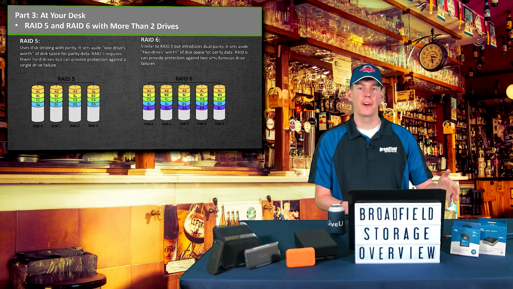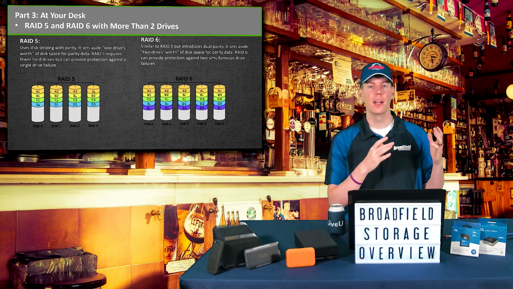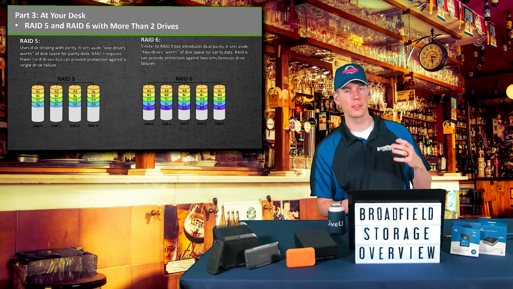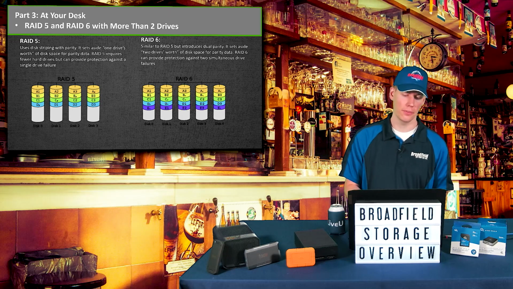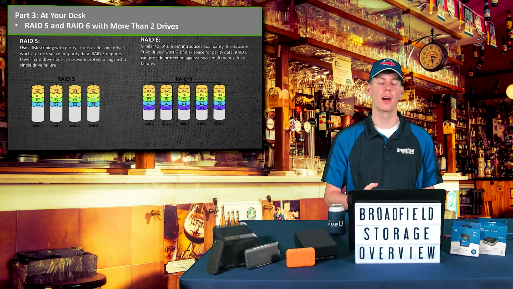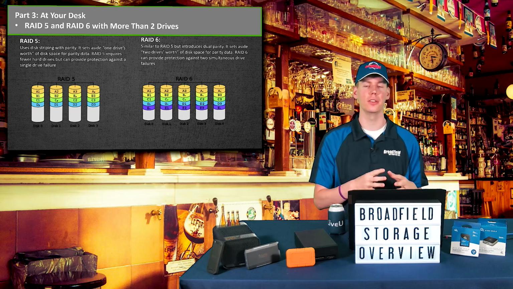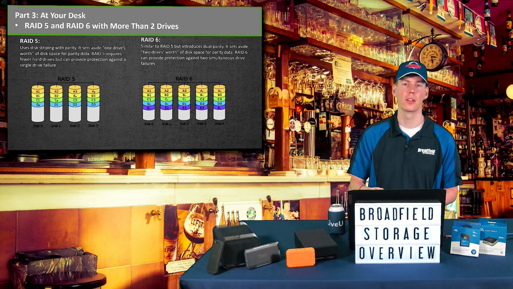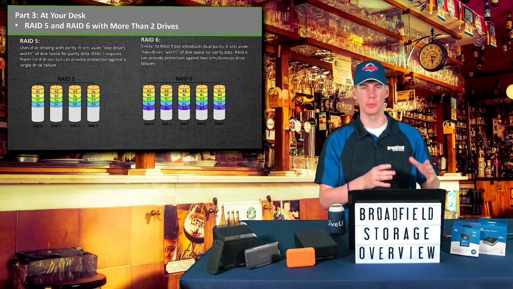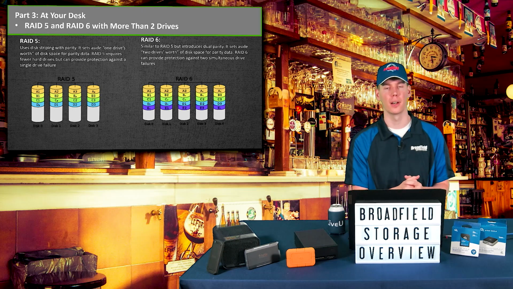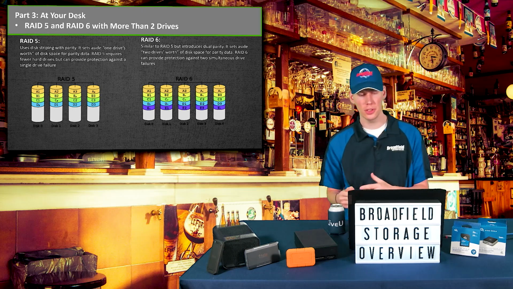Next is RAID 5 and RAID 6. RAID 5 is for 4 or more drives. Basically, the way that it works with RAID 5 is you have one drive that has parity on it, so it has redundancies built in. So if one of the other drives fails, you do have that backup. Essentially, you get one drive's worth of fail-safe in your system.